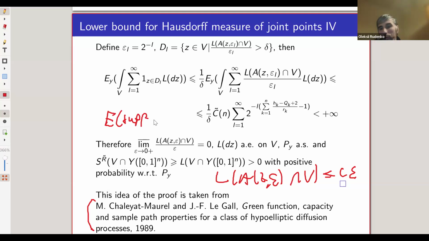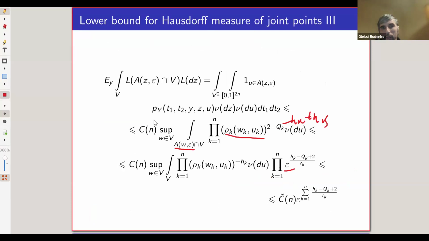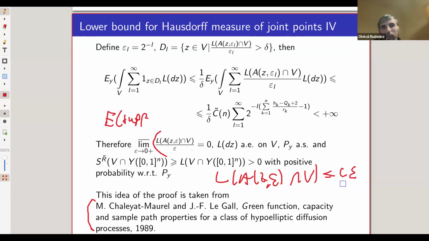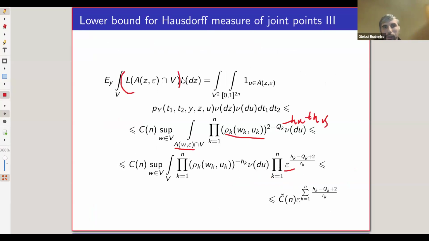But here, I want to say that we study not the continuity of the process, but basically local time in some sense. So here we obtain something about local time. And as I told you, if I take power p, I can do more precise calculations with an additional logarithm.